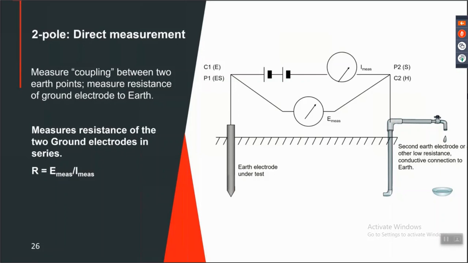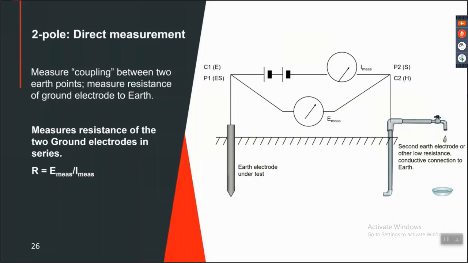Yeah, the dead earth method or two-pole method is the simplest way, I think, compared to other methods to make an earth resistance test, ground resistance test. With this method, the resistance of two electrodes in series is measured actually.